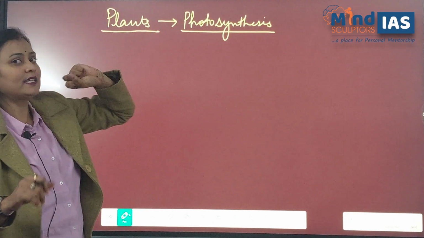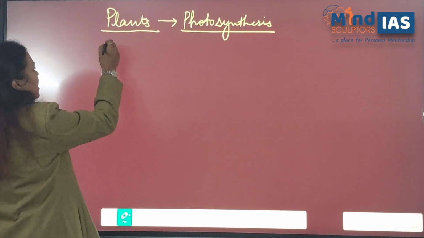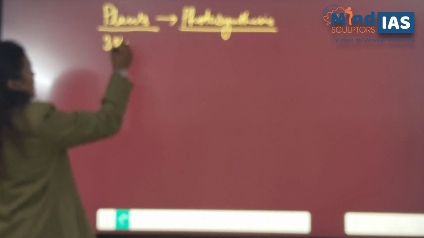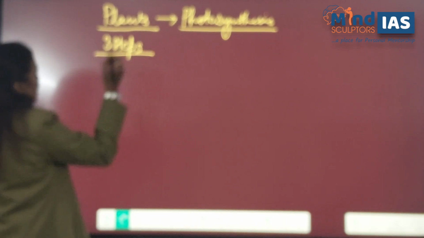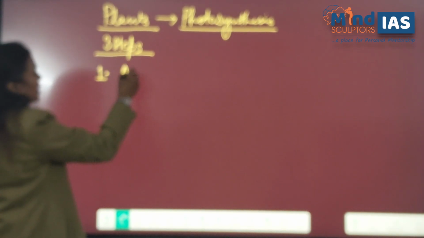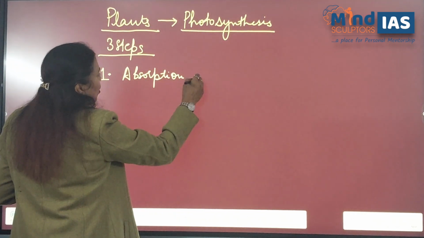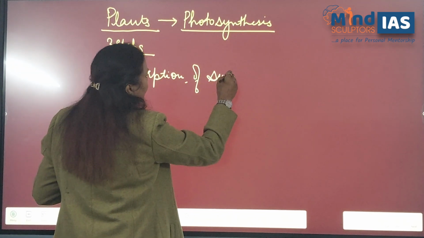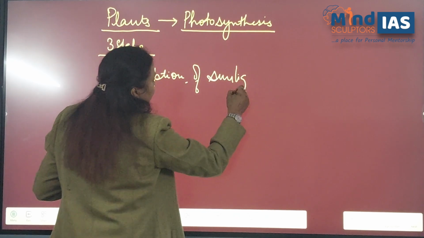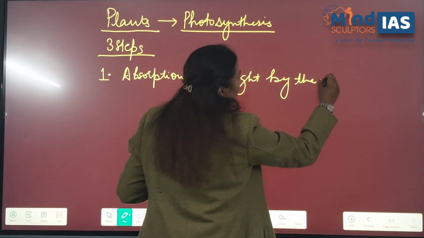So photosynthesis, if you see the entire process, consists of 3 steps. So what are those 3 steps? The first one is absorption of sunlight by the chlorophyll.